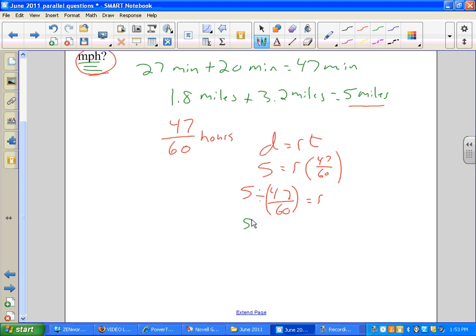What we do is we do 5 over 1 times 60 over 47. See how I reciprocated, or I flipped the fraction? So you do 5 times 60 is 300 over 47.